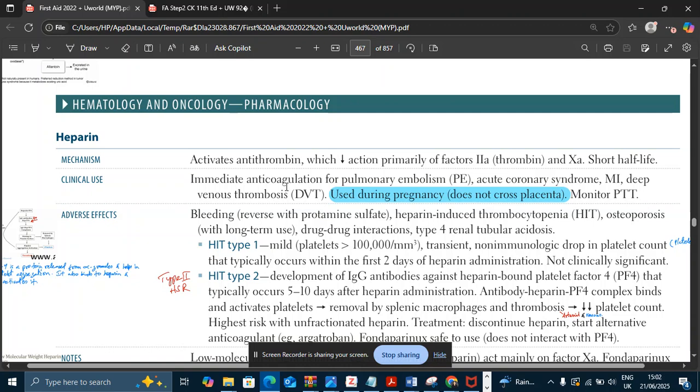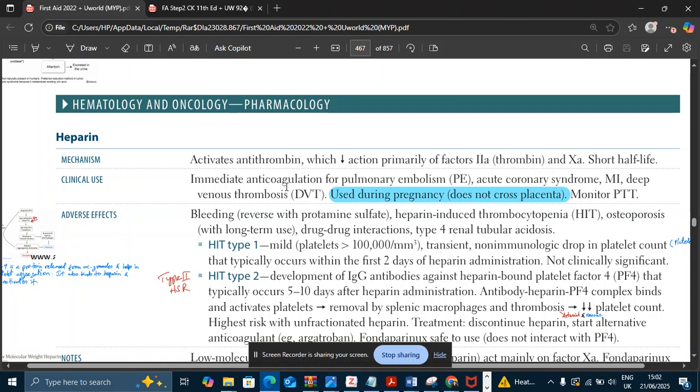Okay, if we are using a very high dose of heparin, or heparin is used for a longer period of time, or the level of heparin in the blood is very high, that could cause bleeding, so we will reverse heparin. Heparin toxicity can be reversed, as well as warfarin toxicity can be reversed.